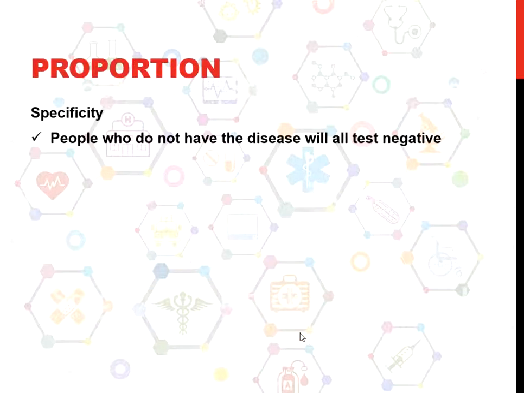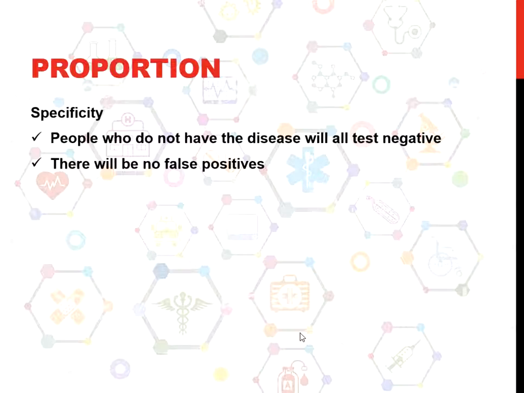Specificity naman. So, people who do not have the disease will all test negative. So, specific siya or tatama siya doon sa target lang niya. Kumbaga, yung mismong specific strain or disease na yun yung hanap para sa ating specificity. So, there will be no false positives. Kumbaga, lahat ng negative, negative talaga.